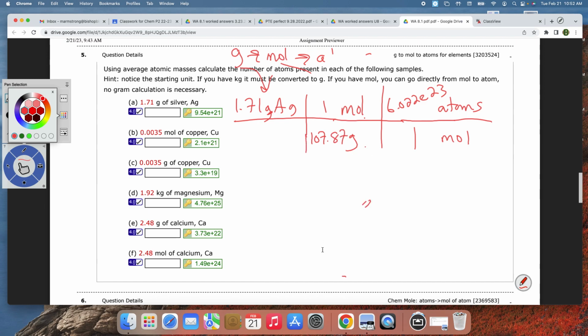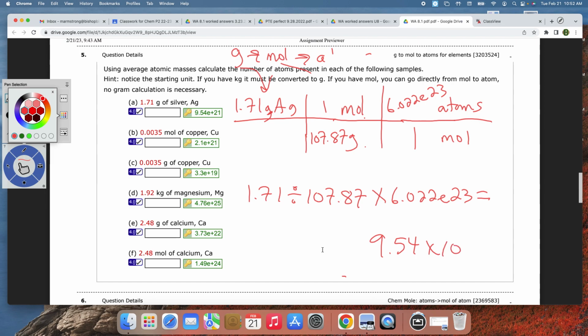And in my calculator, I'm going to go 1.71 divided by 107.87. I'm going to hit enter, and then I'll multiply it by 6.022E23. And I should get 9.54 times 10 to the 21st.